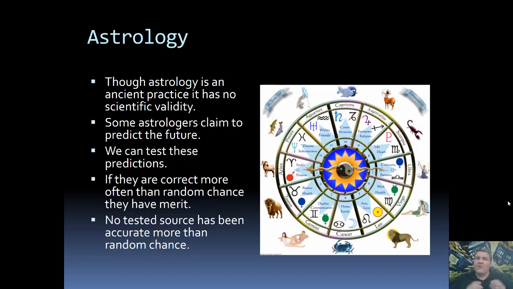However, when we actually test their predictions, they are correct no more than random chance, which means it's probably not actually working. But an astrologer keeps coming up with other ways of explaining away the data that they don't like. So it's similar to science, using a lot of the same words, but it's not actually keeping all of the aspects of science.